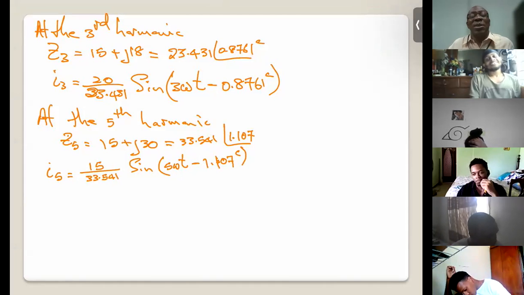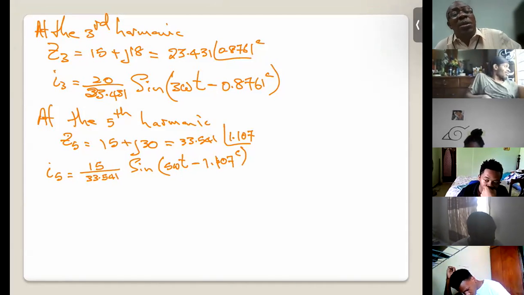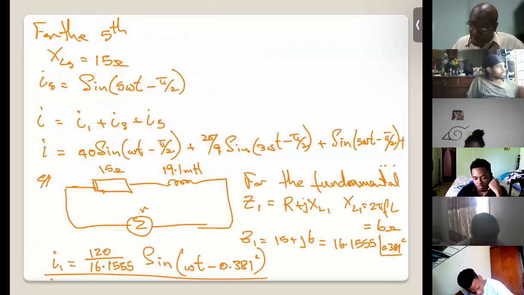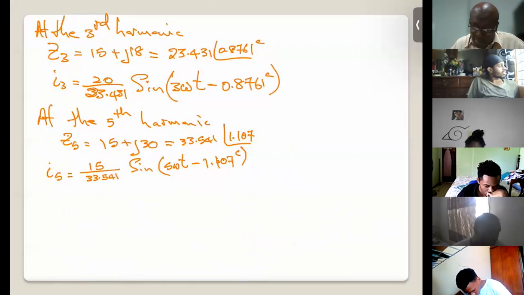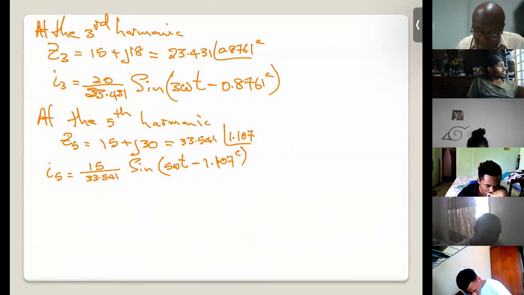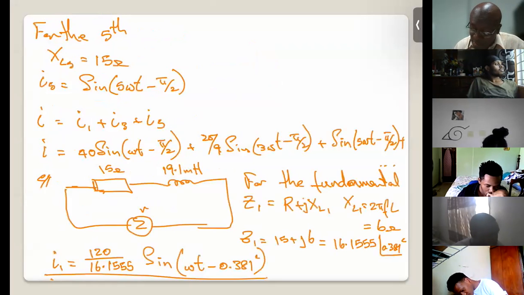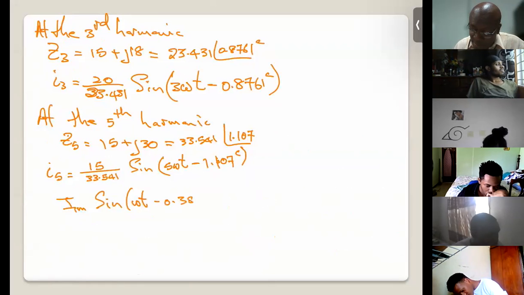So we have the expression, and all we need to do is to write them out together. So the first one, I1m, whatever that 120 over 16 works out to be, is equal to sine omega t minus 0.381.